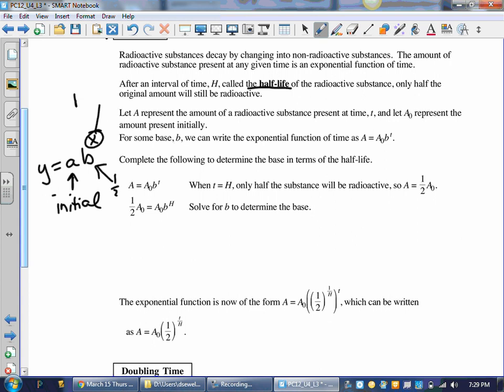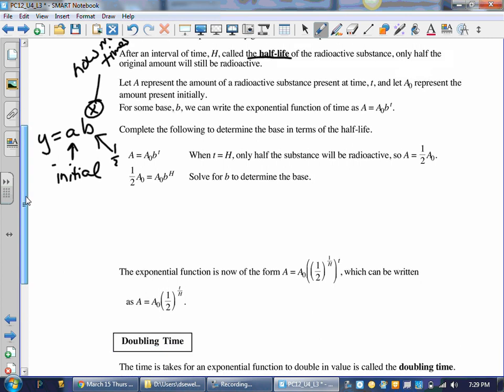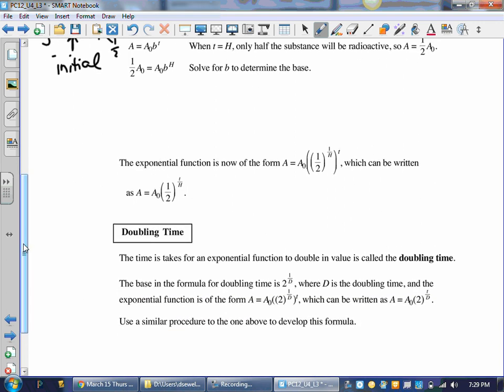So it's all the same as what we've done with money, what we did with the fish, what we did with the interest. It's all the same formula. The only difference is, here it is right there, this T and this H. Because the T on the top is the time that you're given, and the H is the half-life. So if I had 50 days, for example, and we'll do some. If I said how much will there be left in 50 days?